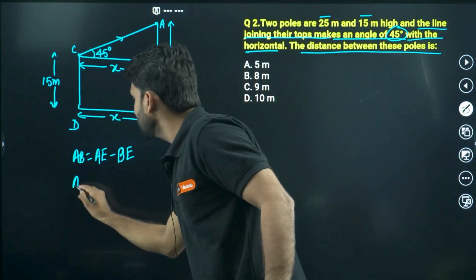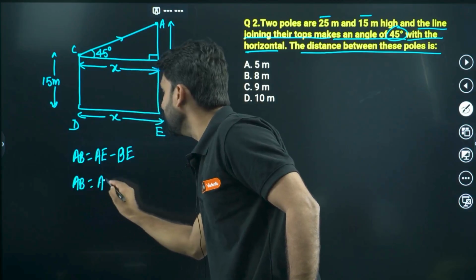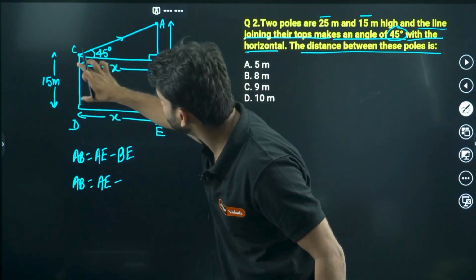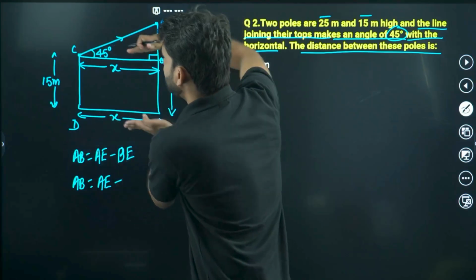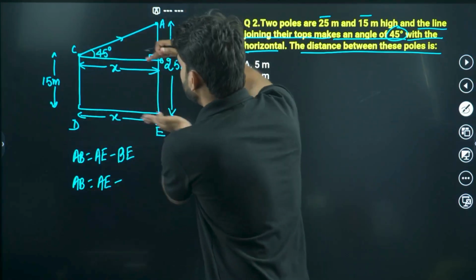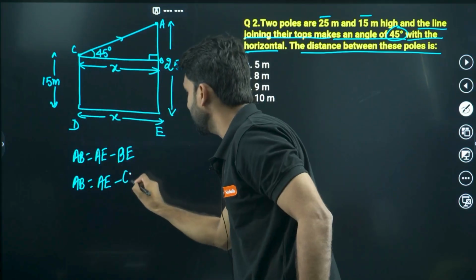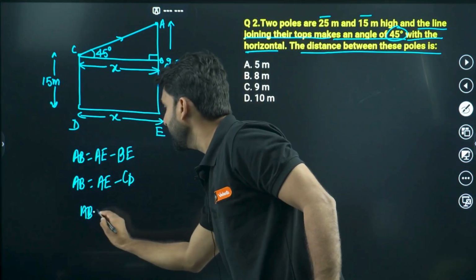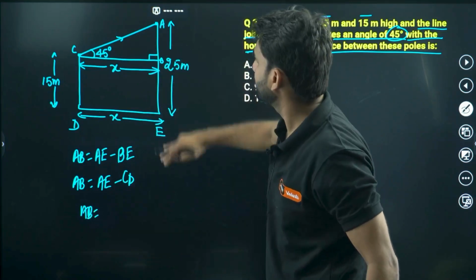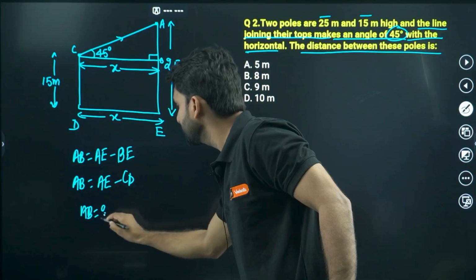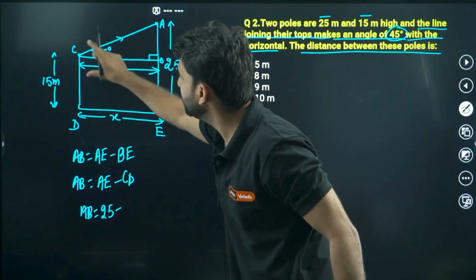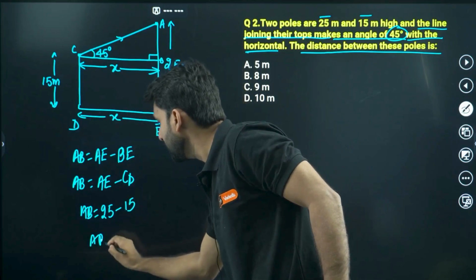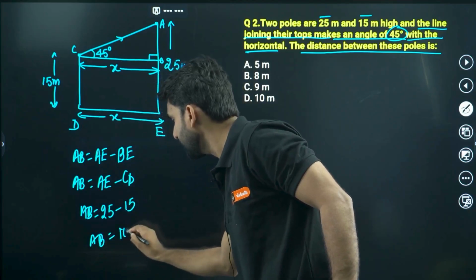Now we can modify this equation as AE minus CD, because BE will be equal to CD, as both the lines are parallel. Now AE is the height of this bigger pole, which is 25, minus CD, the height of the smaller pole, which is 15. So we are getting AB here as 10 meter.